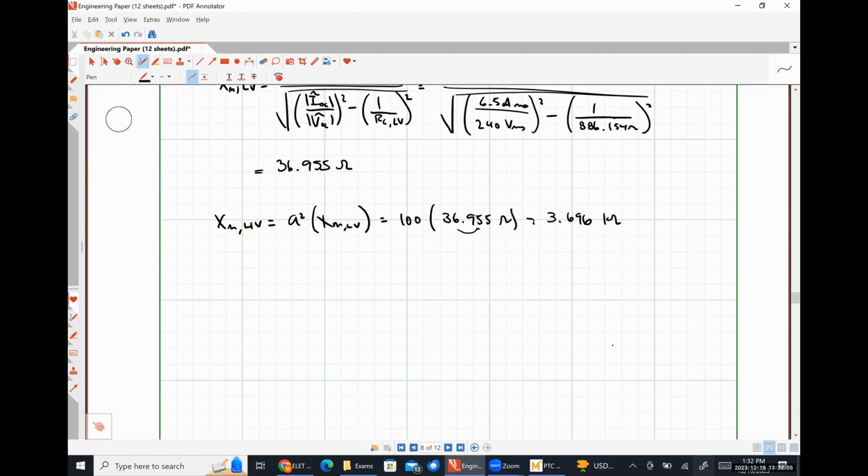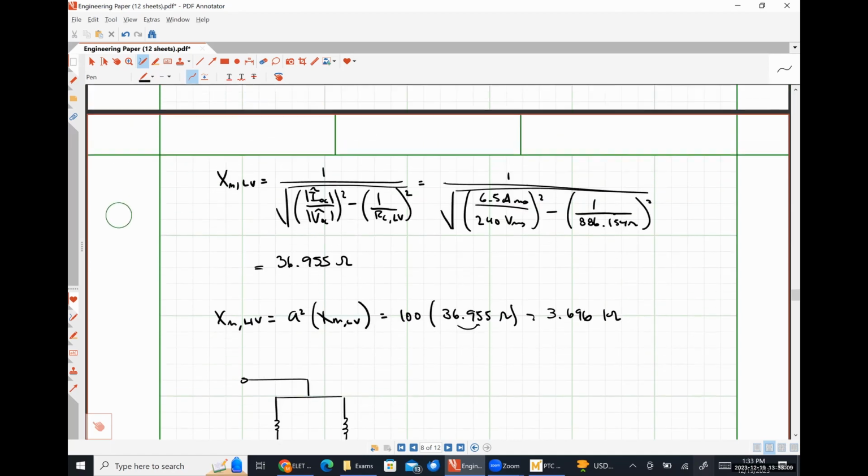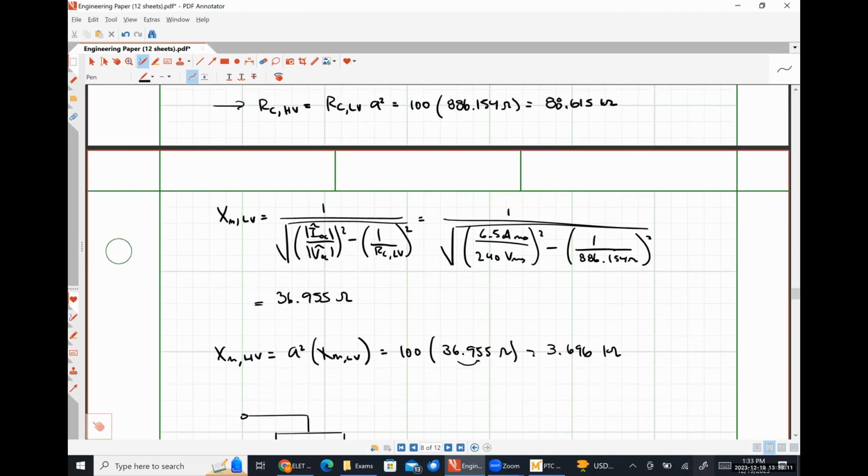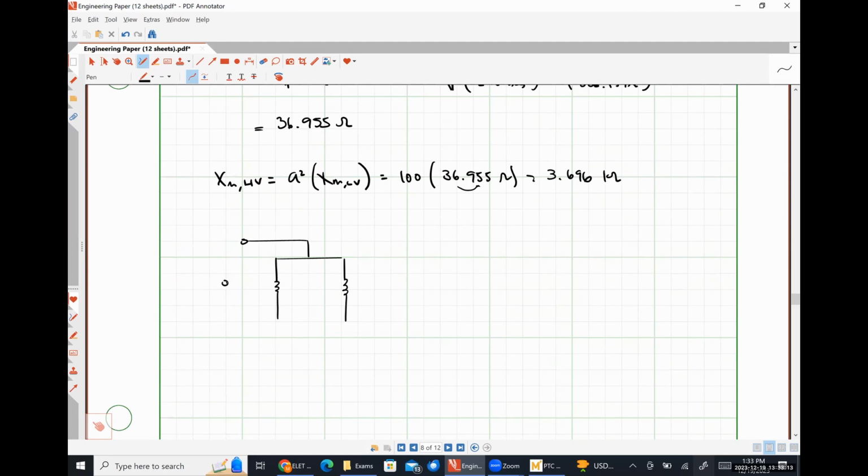Finally, putting all of this together, our equivalent circuit with everything referred to the high voltage side is going to be, let's see, 88.615 K over here, J 3.696 K over here.